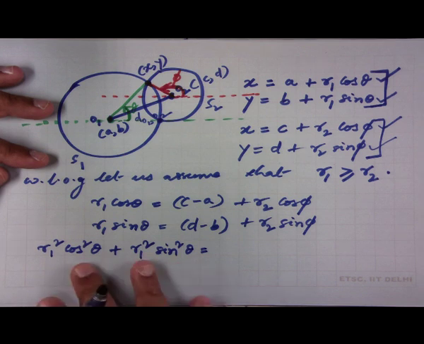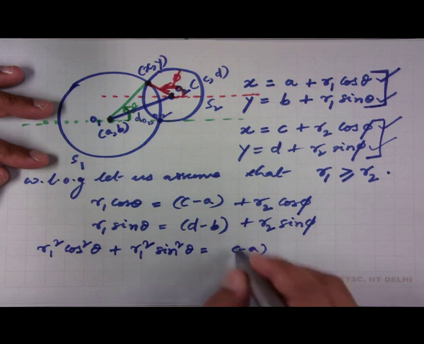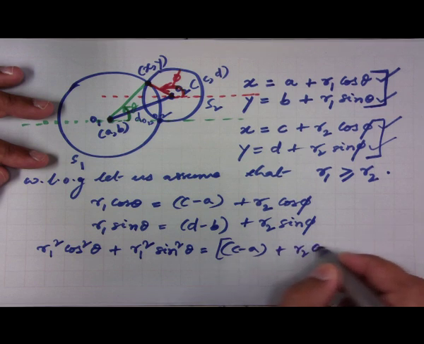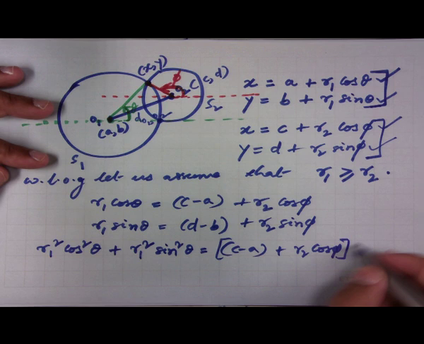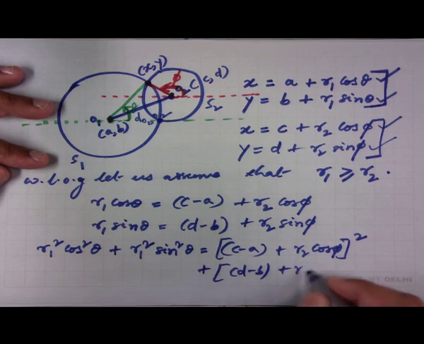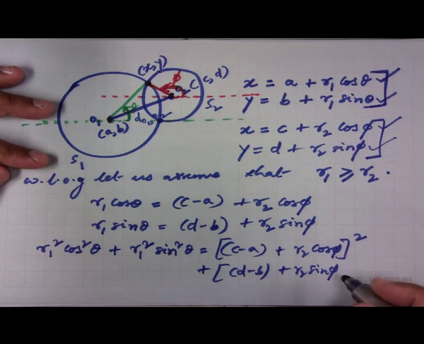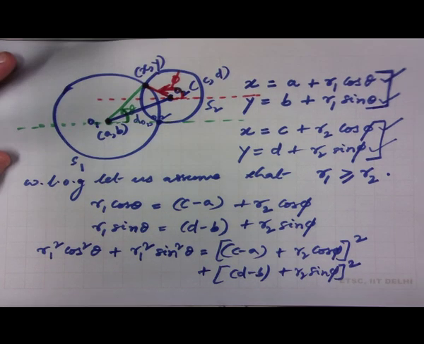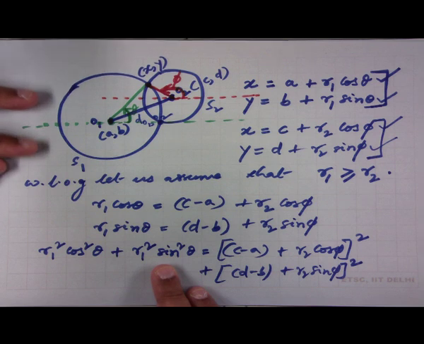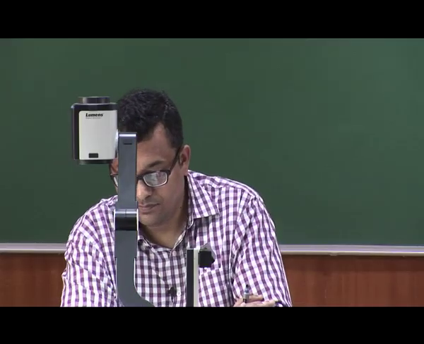On the right hand side, we get c minus a plus r2 cos phi the whole square plus d minus b plus r2 sin phi the whole square. Because cos square theta plus sin square theta is equal to 1, the left hand side simplifies to r1 square.